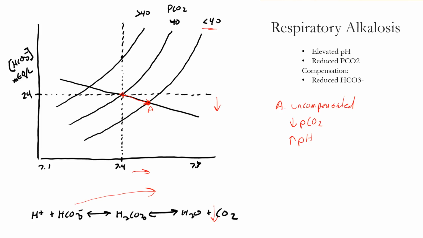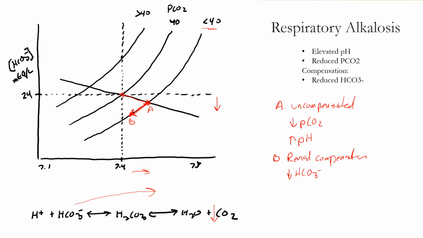Now point B. Point B is going to be somewhere over here. So point B, you see that we lose a little bit more bicarb there because this is what's happening here. We have renal compensation. All right, so renal compensation, we're going to have a decrease in our bicarb level.